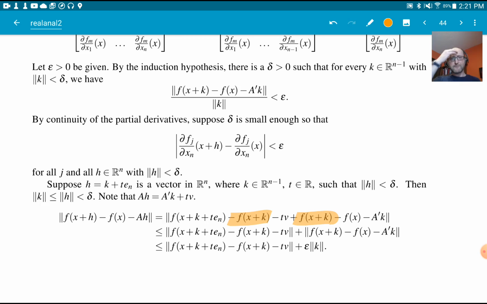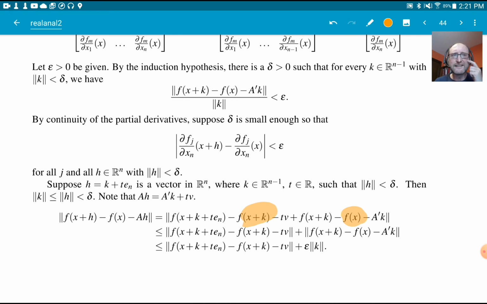The reason I'm doing that is that over here, I'm looking at the value at x plus k plus going in the nth direction a little bit, so I'm really starting at x plus k. And over here, I'm starting at x going in the first n minus 1 directions.